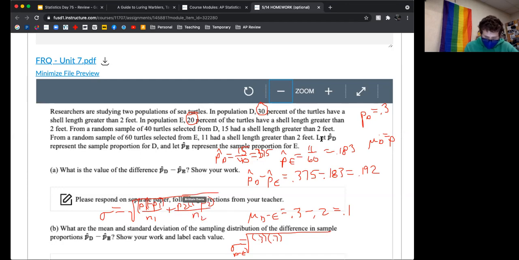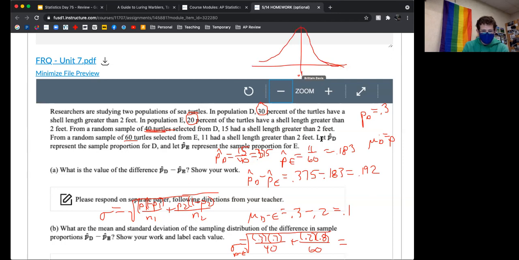I'm just plugging my values in. My sample size for the first one is 40 turtles, so it's over 40 plus 0.2 times 0.8 divided by 60 turtles. Then we can do that math and figure it out. That's what the sampling distribution is going to look like. It's going to have a mean of 0.1, be centered around there, and the standard deviation is what we can calculate.